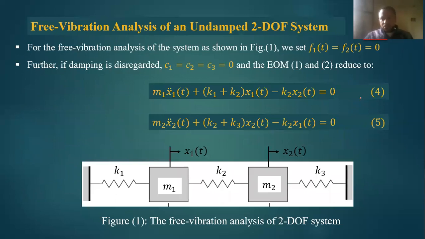So here, the two equations of motion are developed from equations 1 and 2, just by setting C1 equal to 0, C2 equal to 0, C3 equal to 0, and also F1 equal to 0, F2 equal to 0.